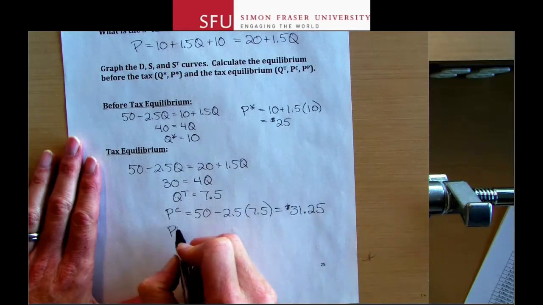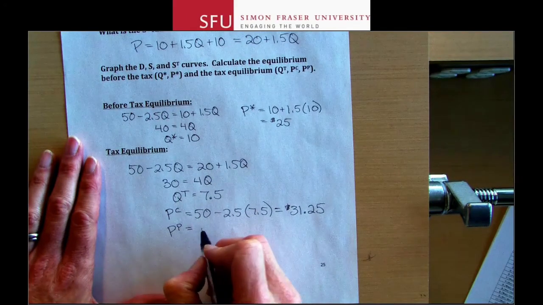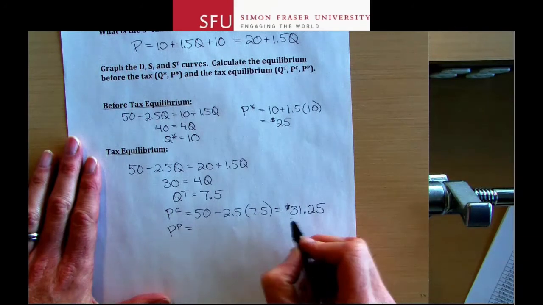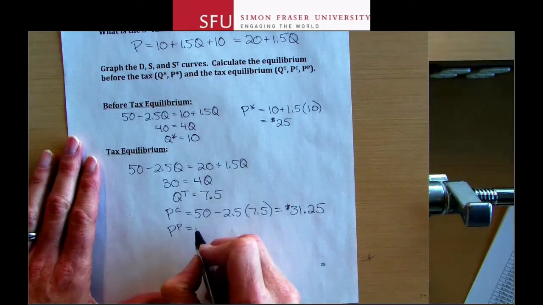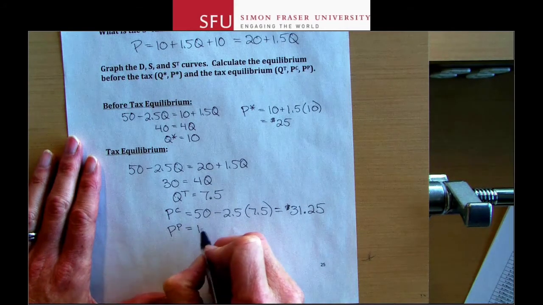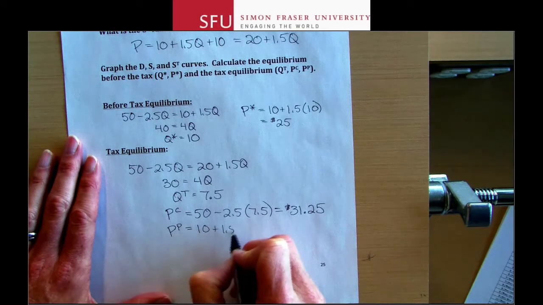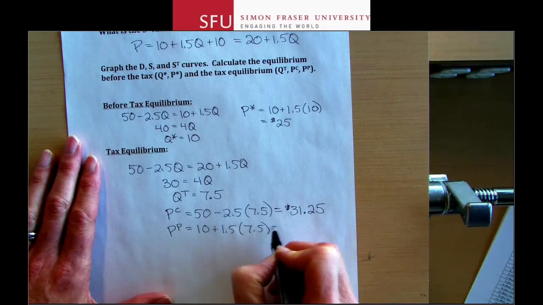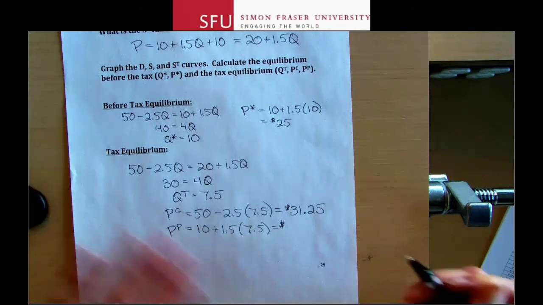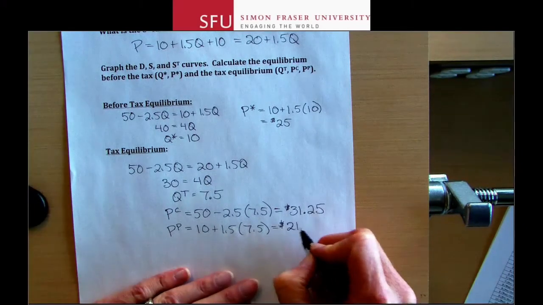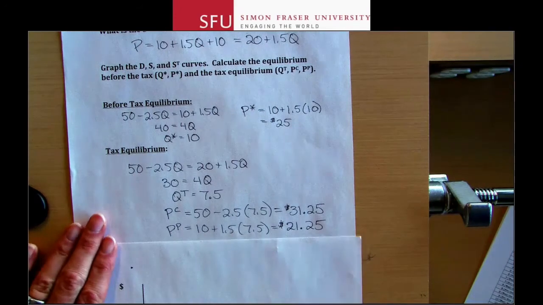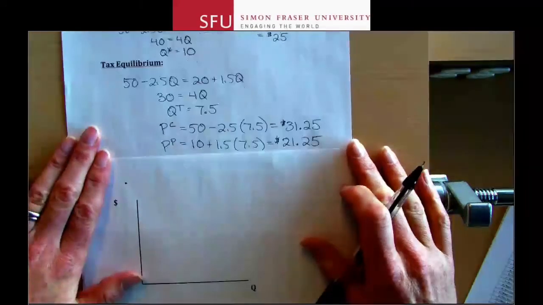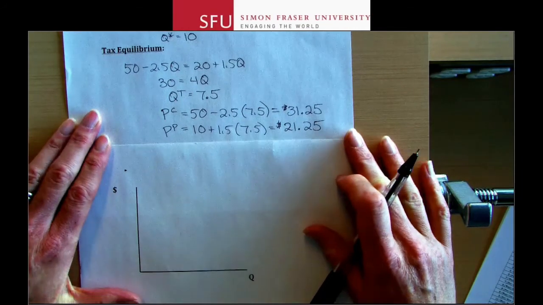And then the producer price, which you can get either by taking this minus the tax, so this minus $10, or use the original supply function. So I'll do that, 10 plus 1.5 times the quantity. Okay, but you get the same answer. Okay, so now we can graph it.